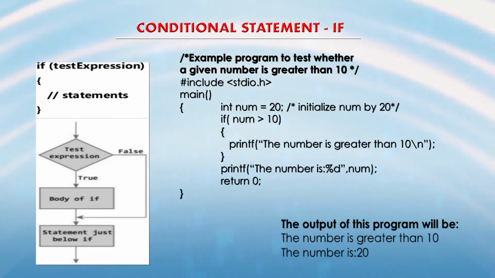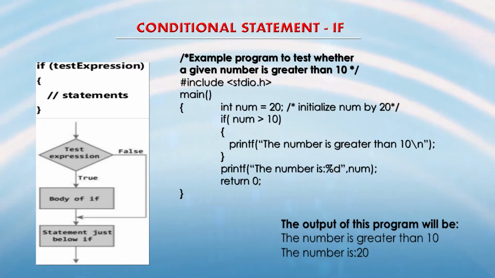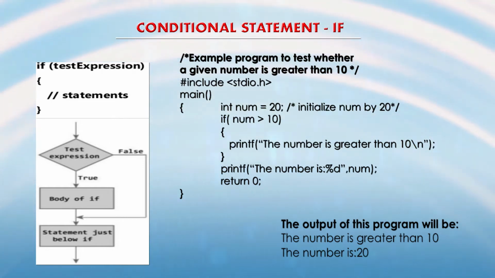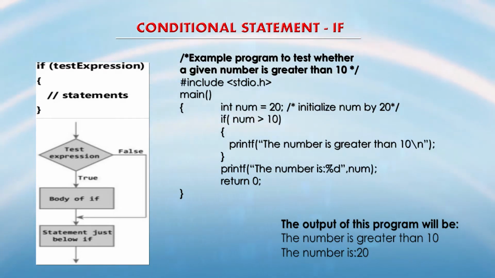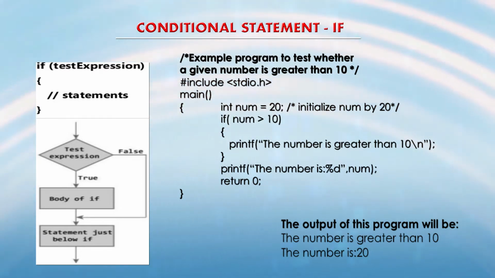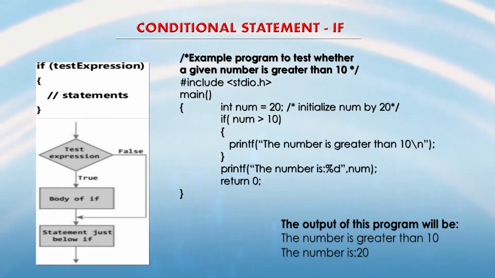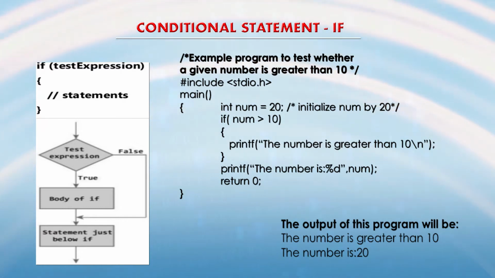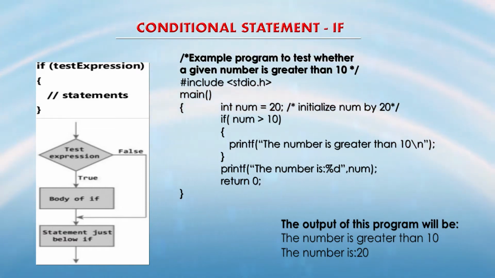Between the opening and closing braces, firstly I am declaring a variable of data type int, and the variable name is num. Now, num is initialized to 20. Now I am writing the code that if num is greater than 10, then print "the number is greater than 10", and outside the braces I am writing printf "the number is %d", num.